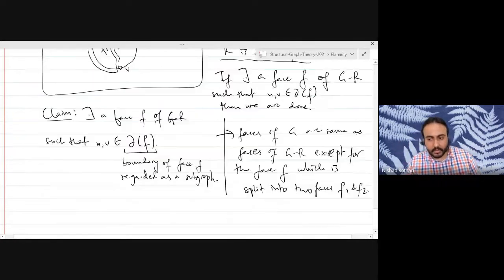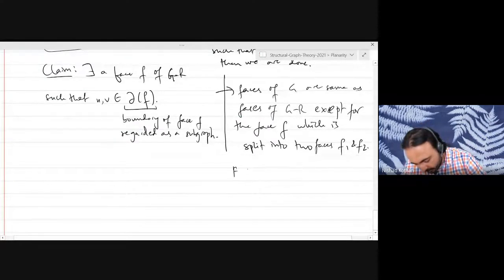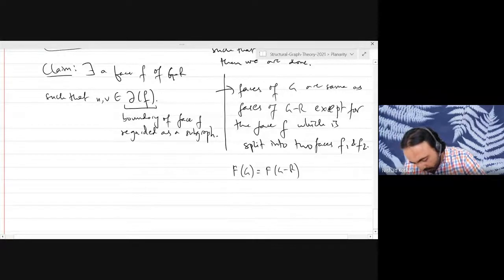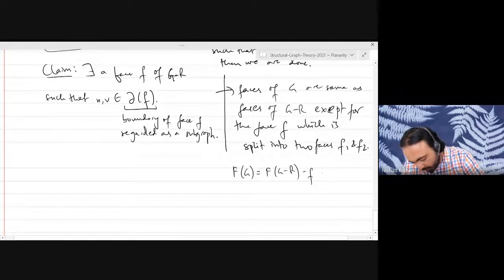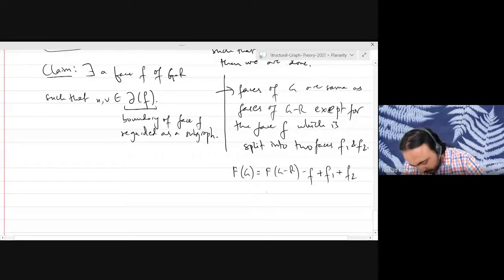So if you want to make it more concrete, the faces of G are the faces of G minus R, minus F, union F1, union F2. Okay. And now you complete the proof yourself.